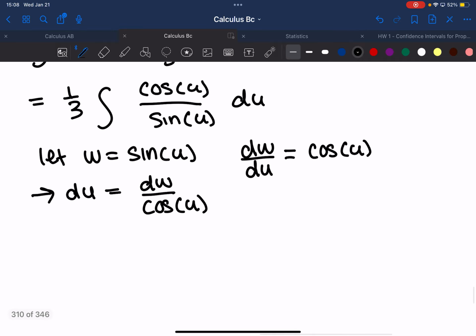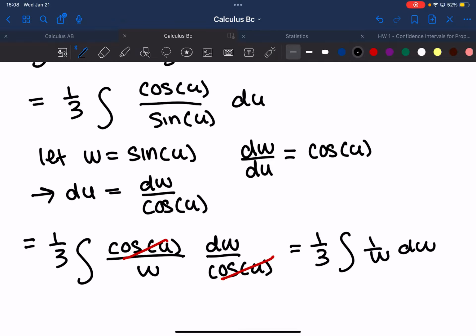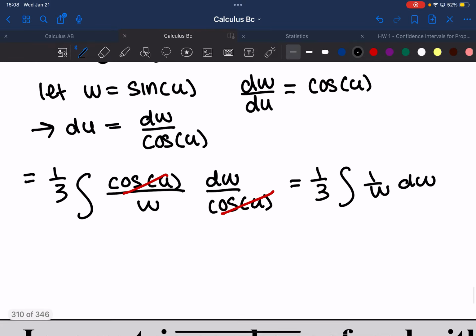So now I plug everything back in. I have 1/3 integral of cosine u over w of dw over cosine u. Can anything cancel? Cosine. Which means I now have 1/3 integral of 1 over w dw. Is everything in terms of w? Yes, which means I can now take the antiderivative, which is what?